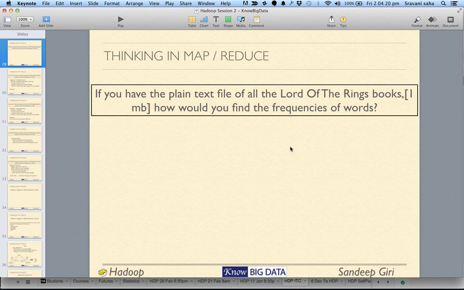Frequencies of words means that there would be a few words which will be repeated many times, and a few words which will be repeated fewer times. So we want to find each word and its repetition. How many times has a word been repeated?